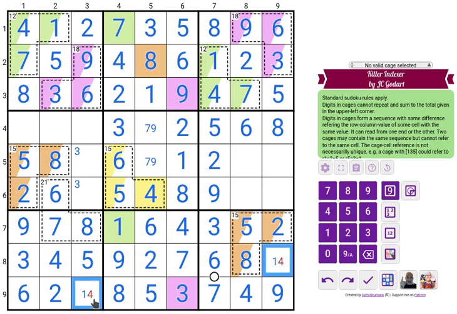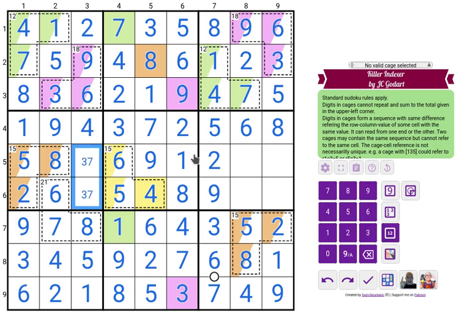1, no, it's only regular Sudoku, so 1, 9, 7, 9, 3, 7, 4, 4, 3, 7.